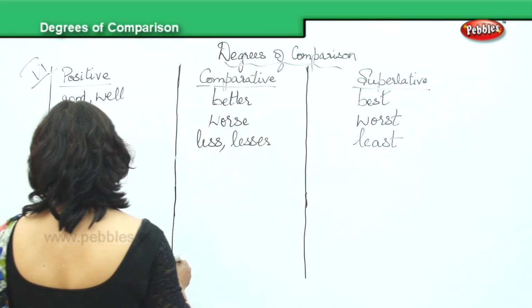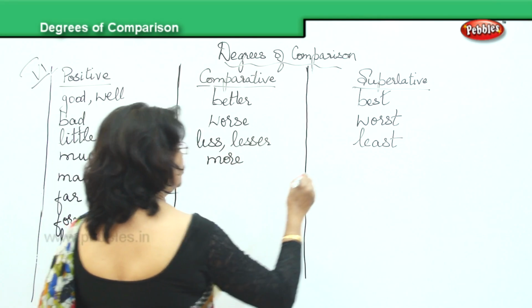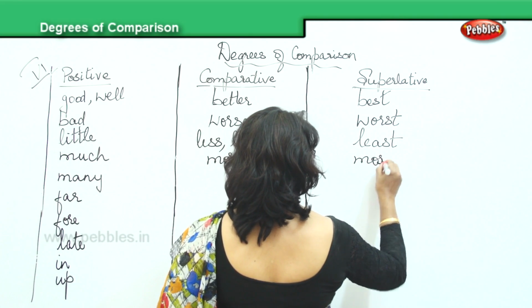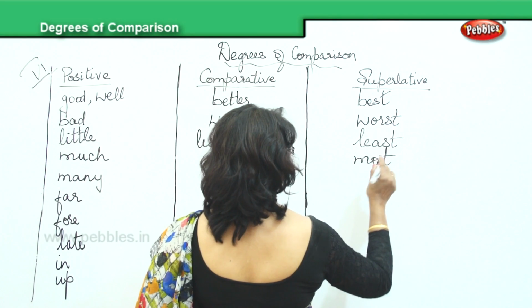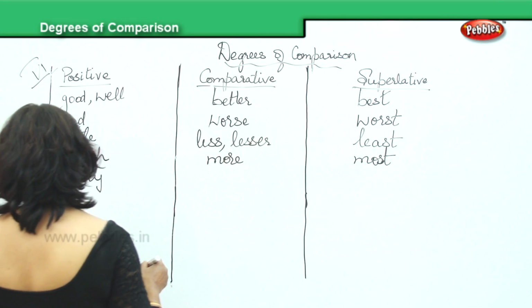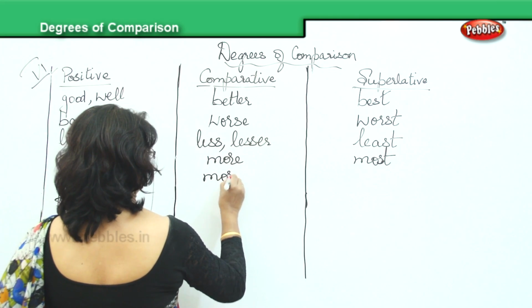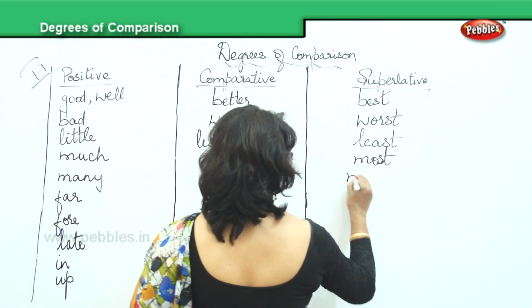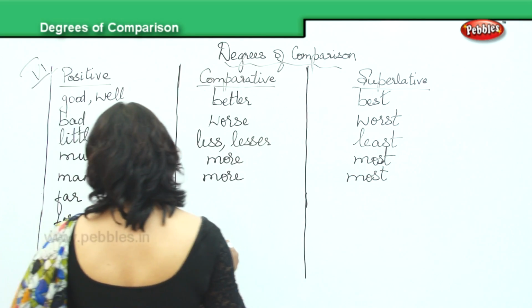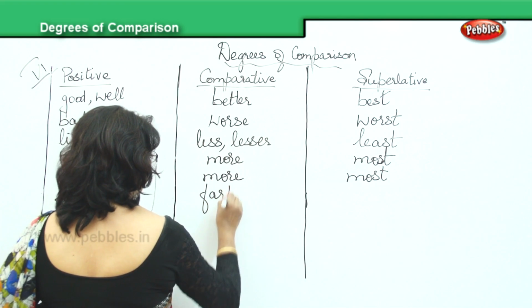Much, more, most. Many, also more, and most. Far, we say farther, farthest.